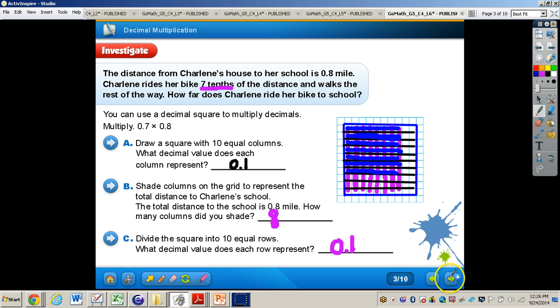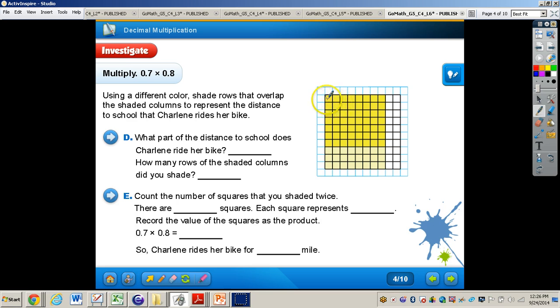Okay, and that will look just like this. Okay, so 7 rows. Now, we know that we shaded this in because it was 7/10. Did not write that in there for letter D. Okay, how many rows of the shaded columns did we shade? We shaded in 7 of these. Why 7? Because 7/10.